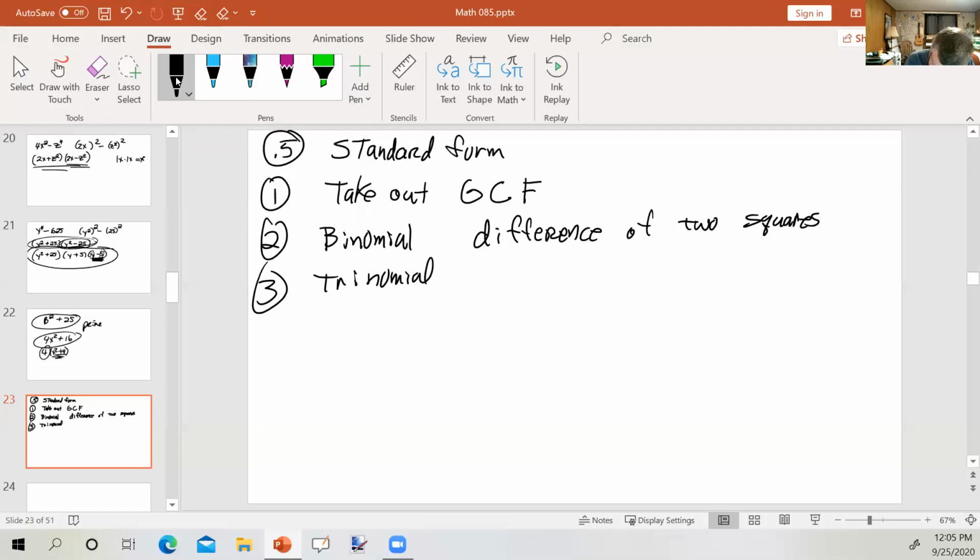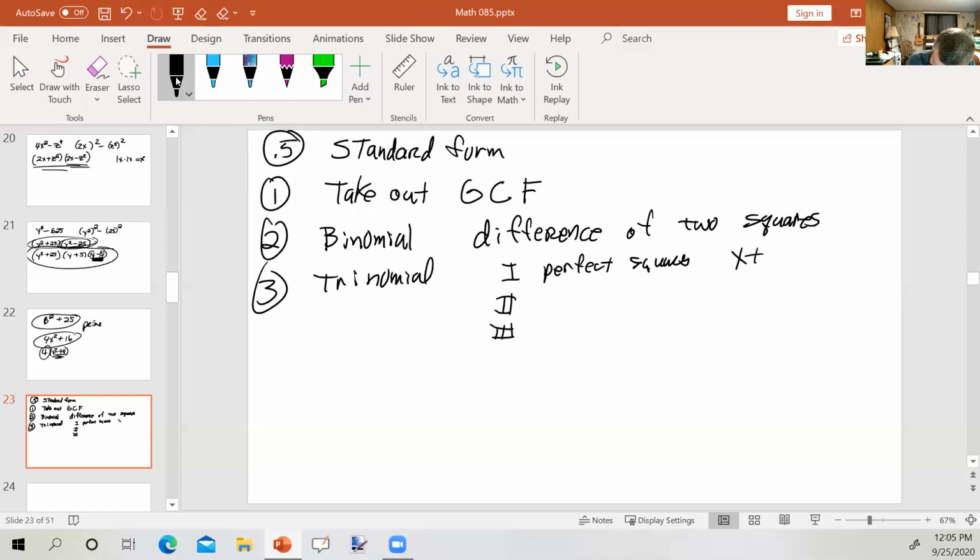And then I'm going to have Roman numeral 1, 2, and 3. And 1 is going to be perfect squares.